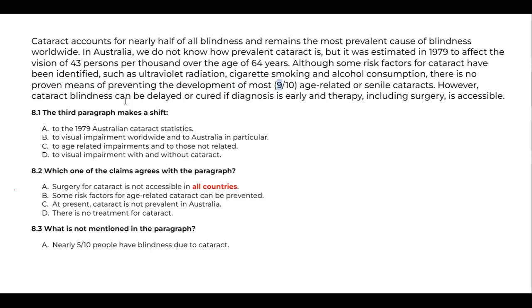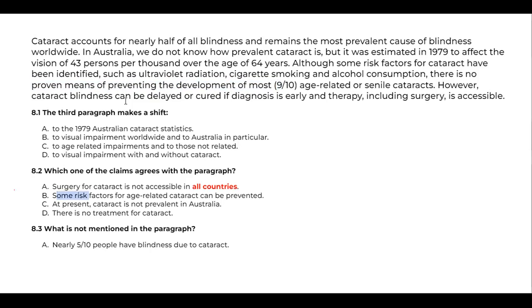Some of the senile cataracts can be prevented. Although all cannot be, most of them cannot be means some of them can be. So whenever you see most of my students are from India, it also means that some of my students are not from India. Hope it is clear to you.